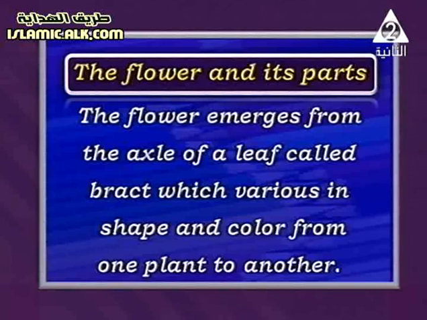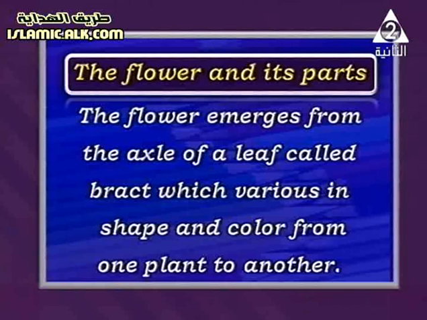Or, put another way, the flower is located between the stem and the leaves, and the leaves below the flower we call bracts. That is all, okay? And this leaf varies in shape and color from one plant to another.